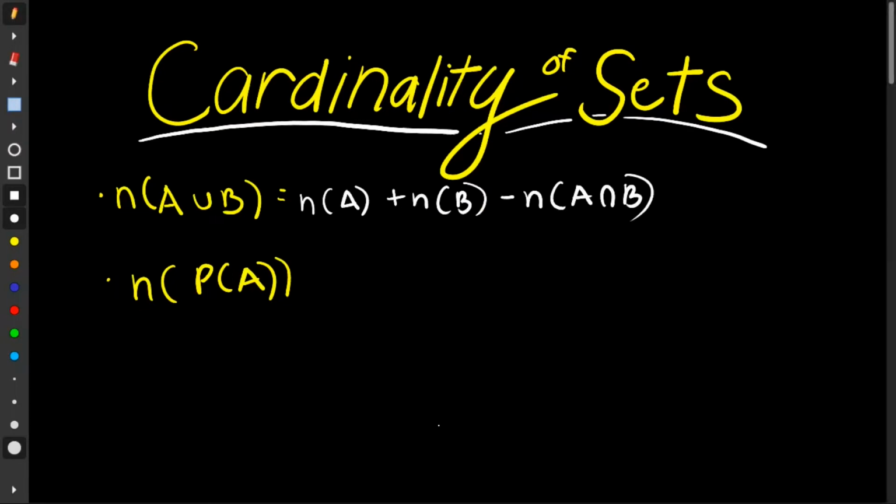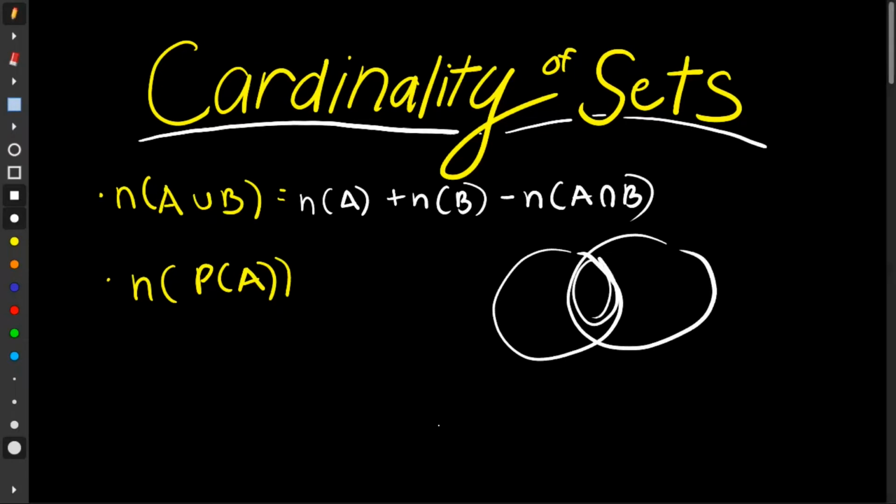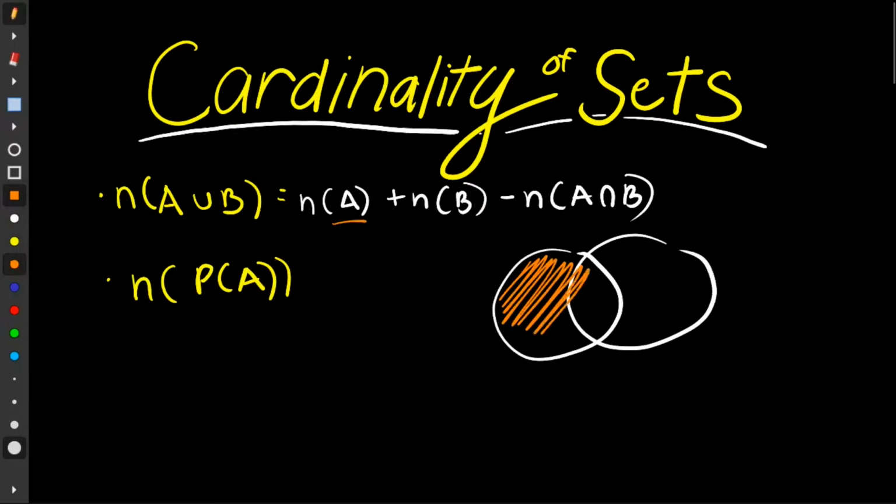The reason behind this, why not just adding them? Well, when we have 2 sets that have a common element and we simply add A and B, say we use the color orange for A, it would contain this part.